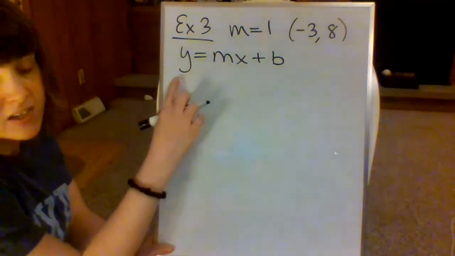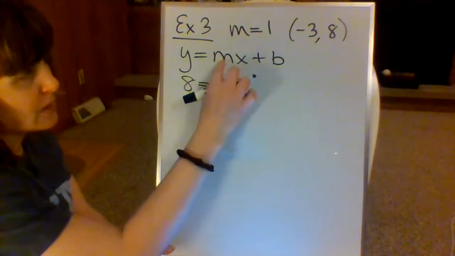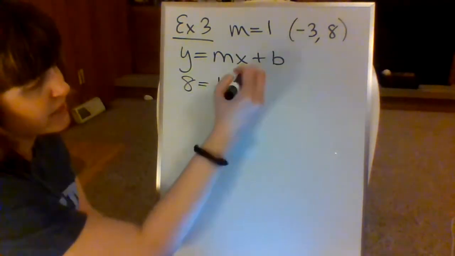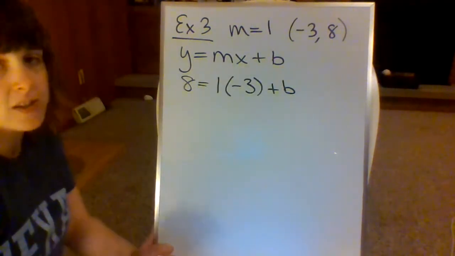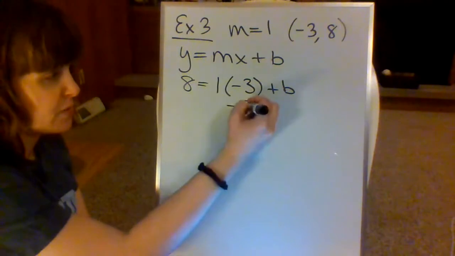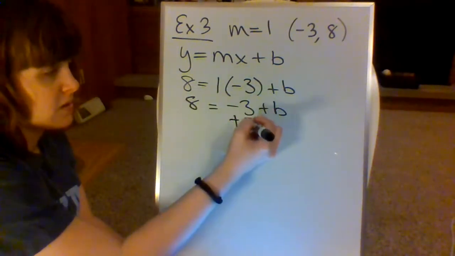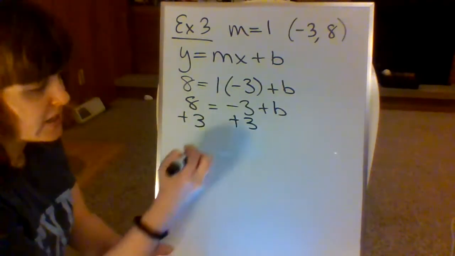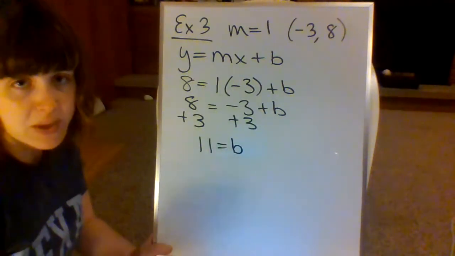The y of our point is 8, m is 1, x is negative 3, plus b. So 1 times negative 3 is negative 3. Then we're going to add 3 to 8. So 8 plus 3 is 11. So 11 is what our b is.